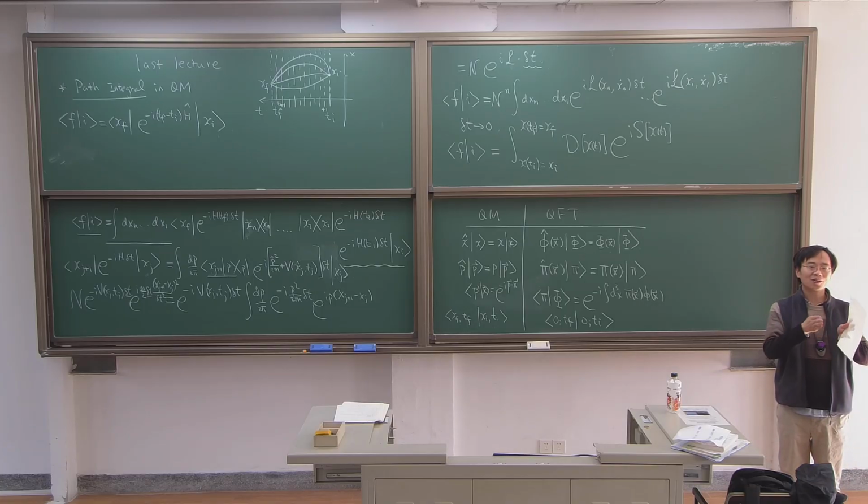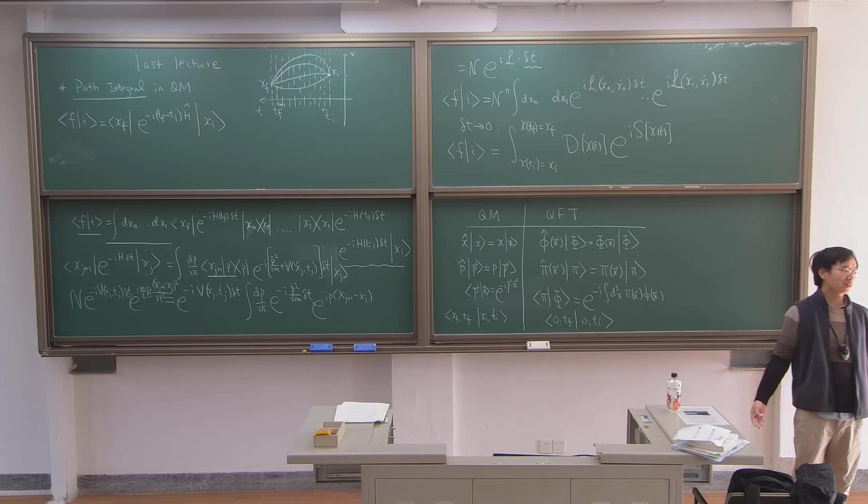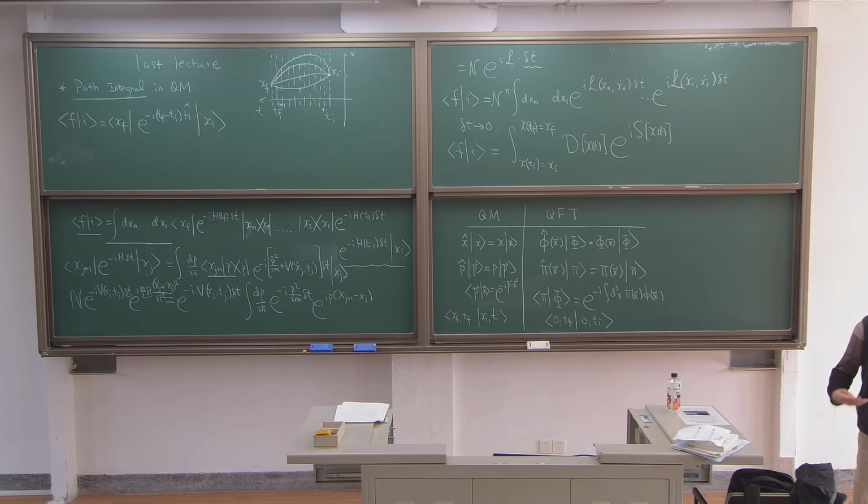The game is to evolve some initial state to some final state. So what is the simplest choice in field theory? We already talked a lot about canonical quantization in field theory. The simplest state will be the vacuum. So I can choose the vacuum state at, for example, the past infinity to the future infinity. That will be the simplest choice.